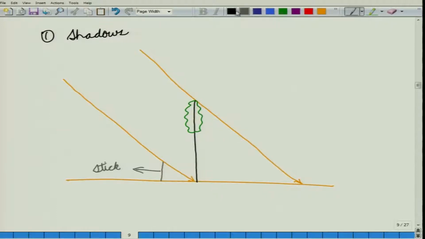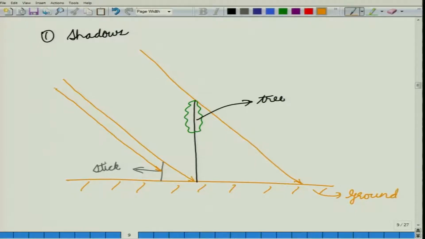So, we have a stick and we have a tree. Now, let us draw another ray that is parallel to this. This ray is intercepted by the object and is not able to reach the ground. This thing is our ground.